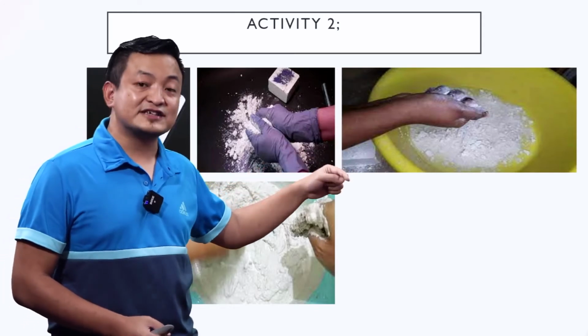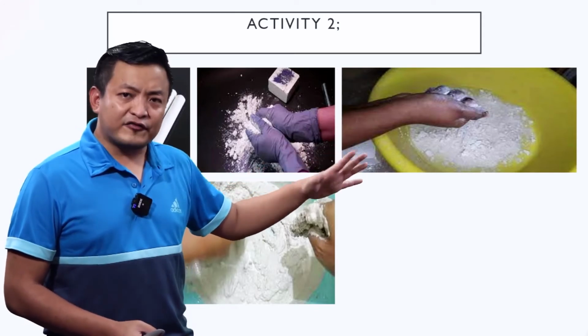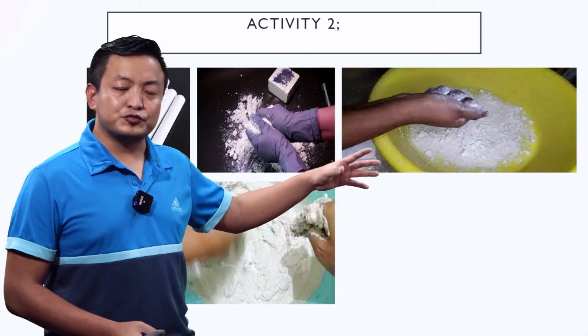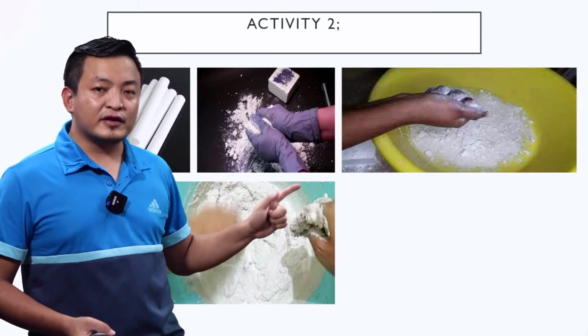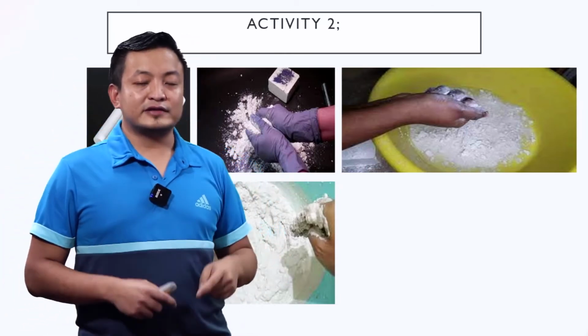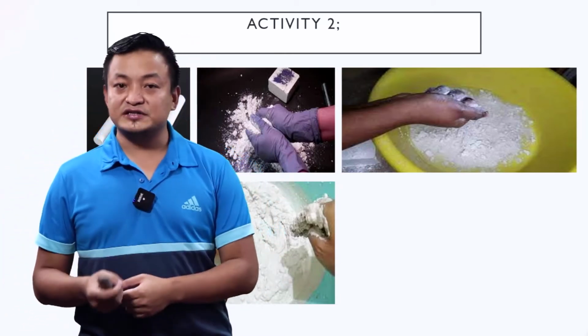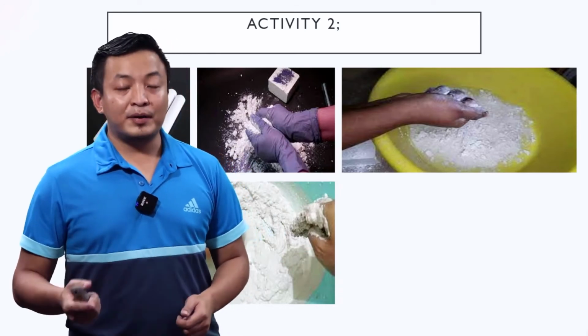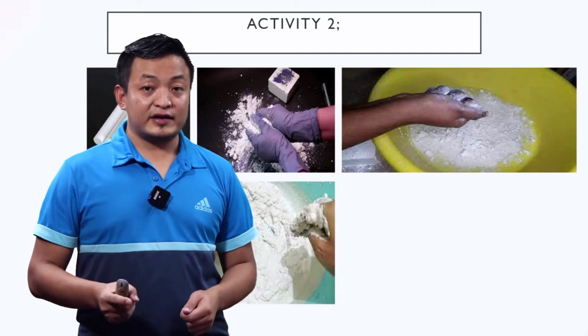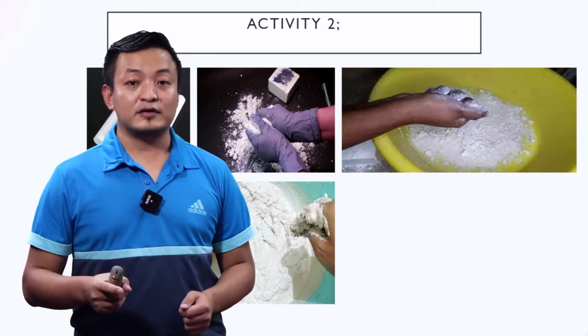Now what do we see? After cooling down, we see that we get another chalk. So from here, we know that yes, it has undergone some changes in its size, right, in its shape. But at the end of the day, it is still a chalk.